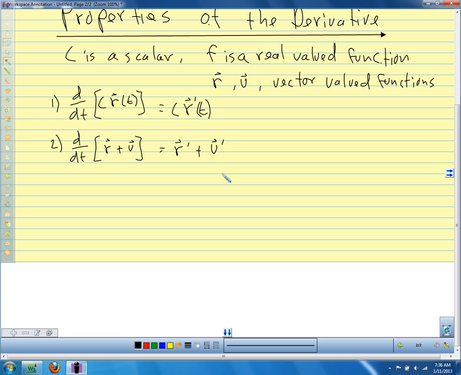We have three product rules. The derivative of f of t times r of t is f r prime plus f prime r.